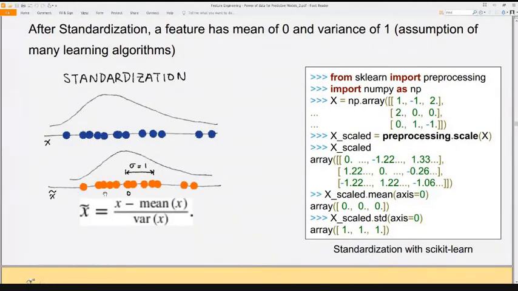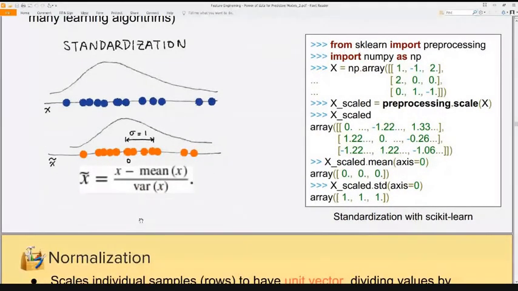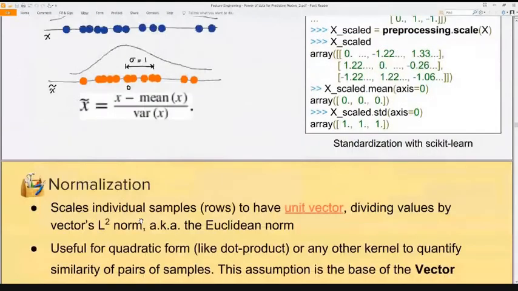This is the z-scaler, whereby you remember when you're calculating z in statistical analysis, it's a formula that looks kind of like this: x minus the mean over the variance. That's z scaling.